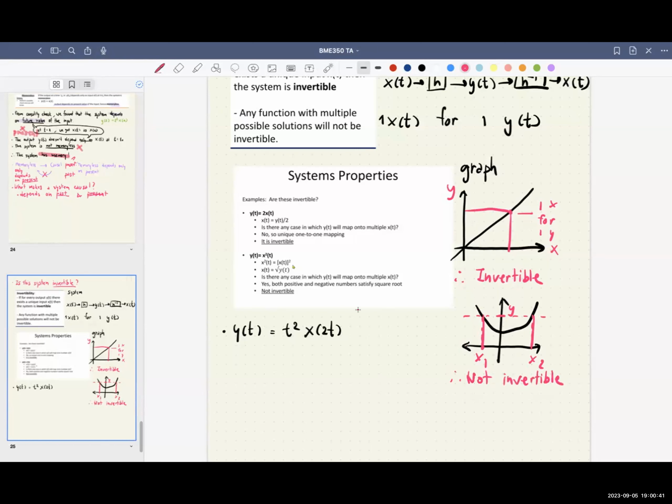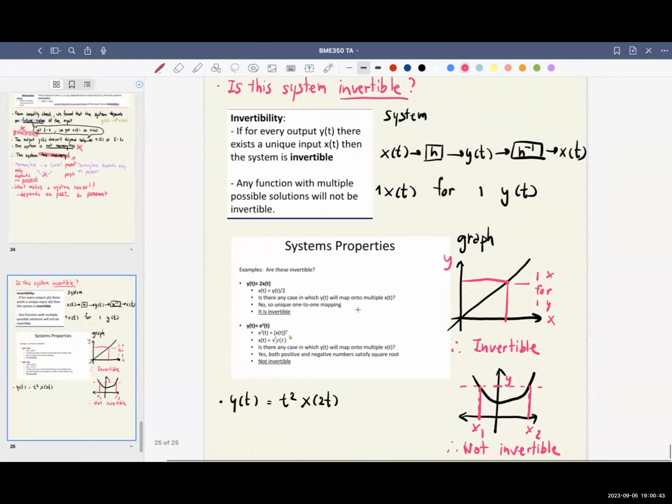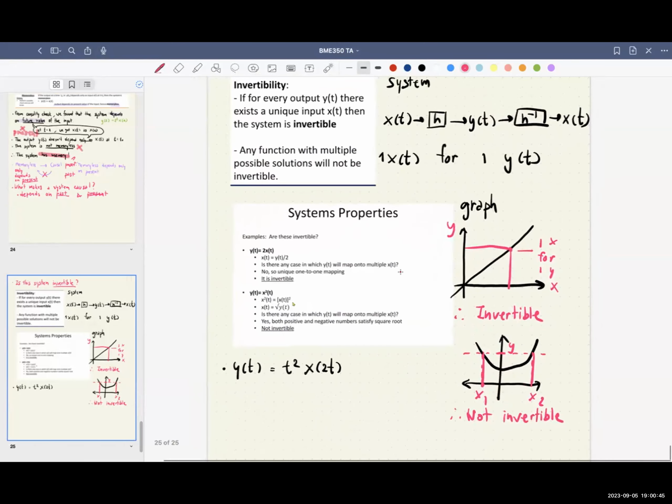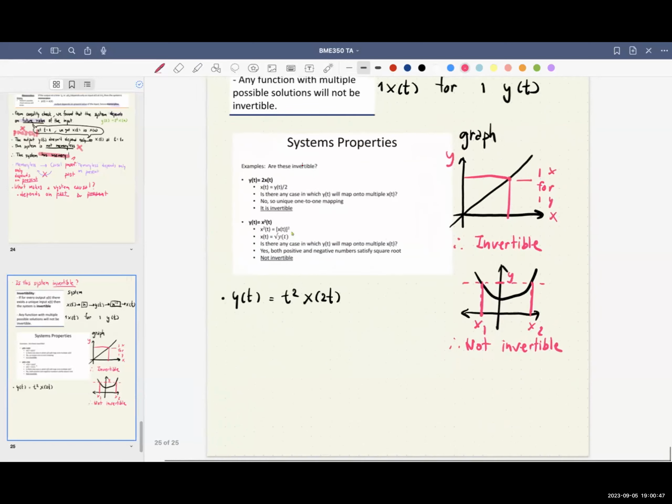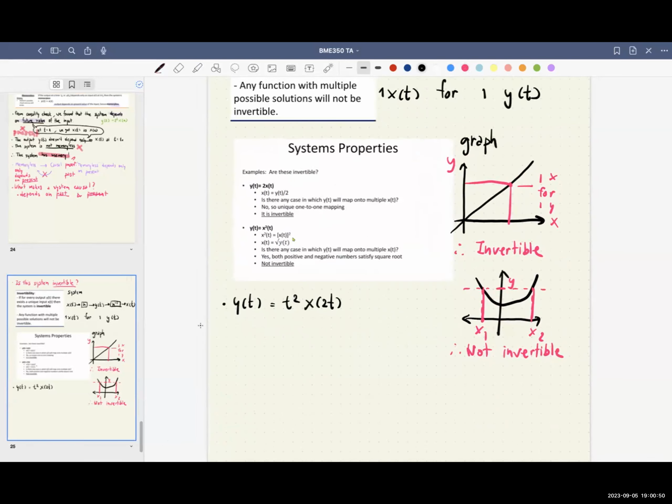Okay, now after we know the definition of invertibility of the system, let's look at our question. Is this system invertible or not? Anyone want to give a shot here?